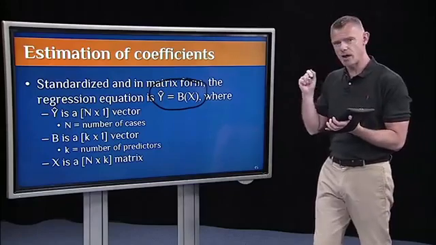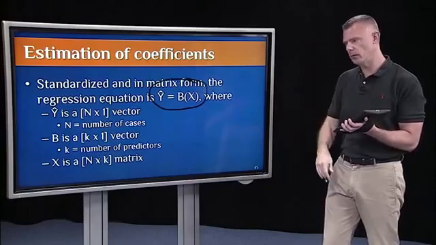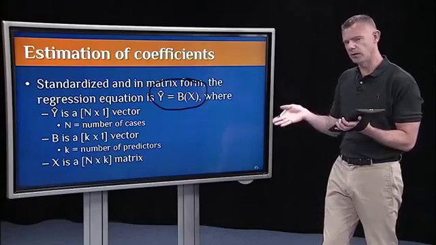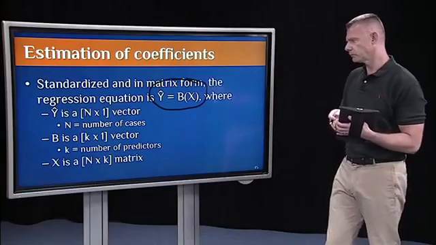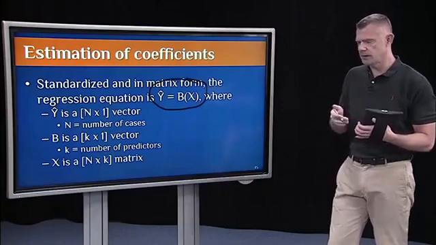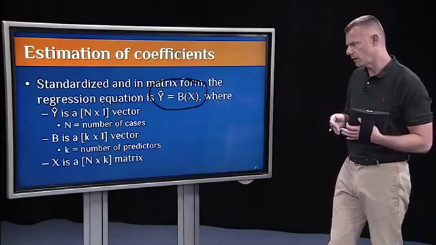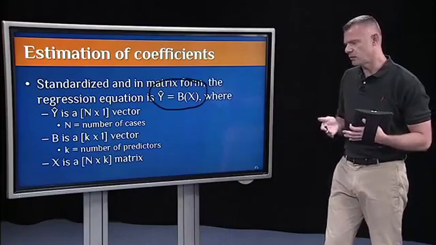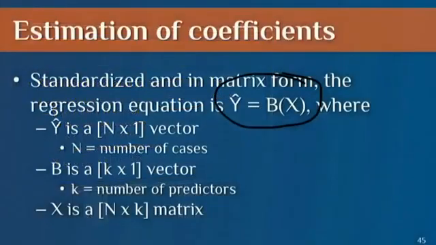It's an n by 1 vector: there are n rows for the number of people, and just one column because we're only getting one predicted score. The betas, or the regression coefficients, form a k by 1 vector, where k is the number of predictors. And x is an n by k matrix, with n rows times k predictors.